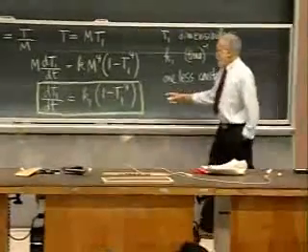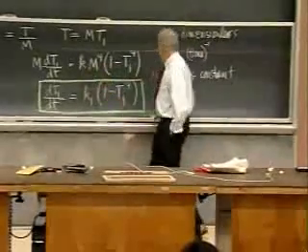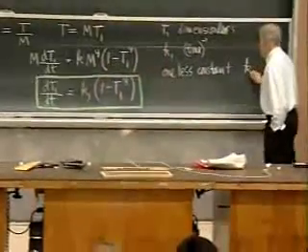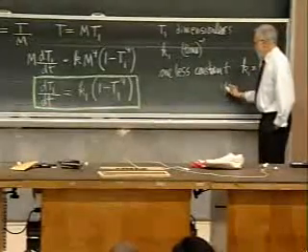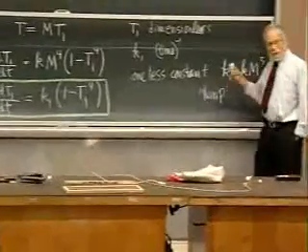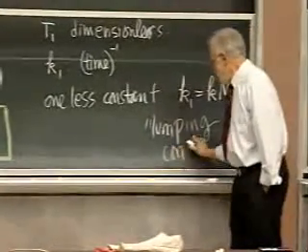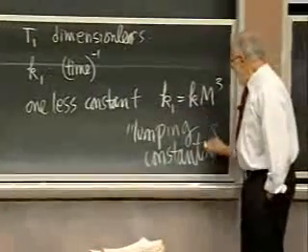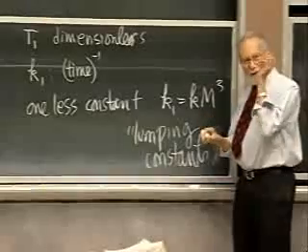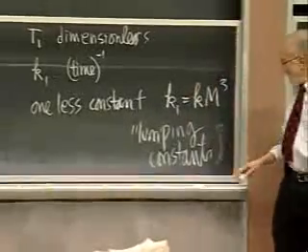This business, the process of forming k1 out of k M cubed, is called lumping constants. I think they use that standard terminology in physics and in engineering courses. You try to get all the constants together like this, and then you lump them. They are lumped for you, and then you just give the lump a new name.